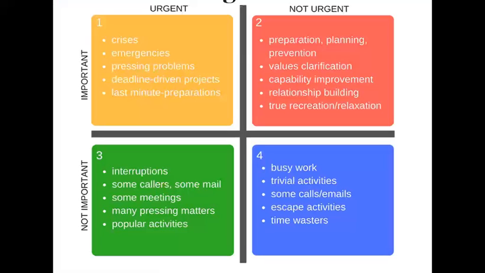Now the second quadrant, what is it saying? The second are matters that are important but not urgent. Okay, so the first one was both important and urgent. Now the second one is important but not urgent. Understood? This is where you should focus and spend your time on.